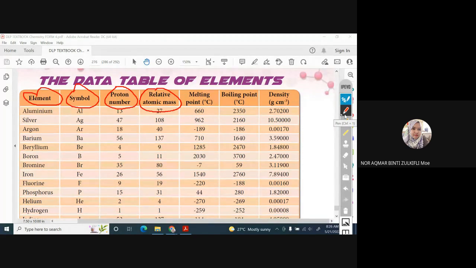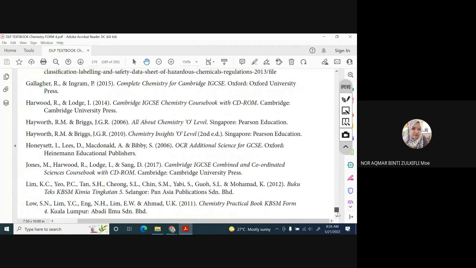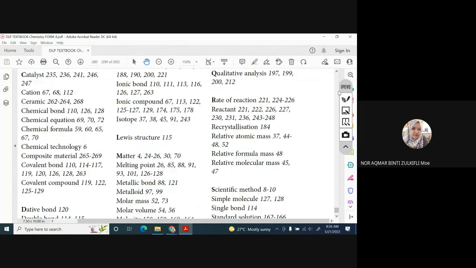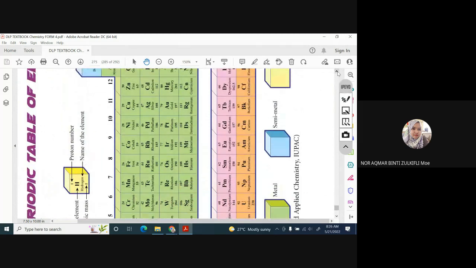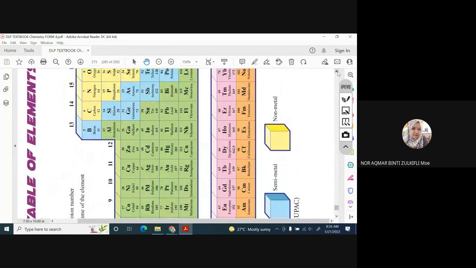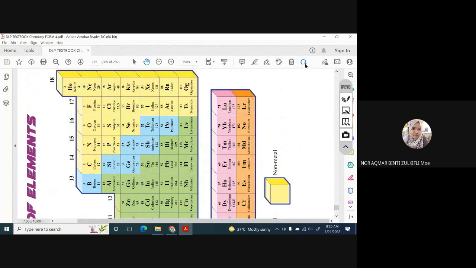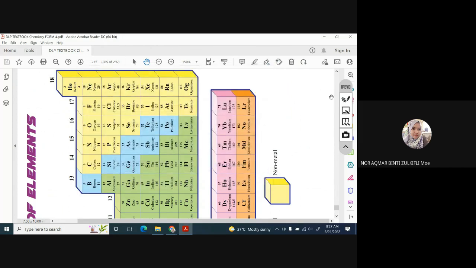Okay, for the periodic table, let's look. Okay, this one cannot rotate, but never mind, you can see.